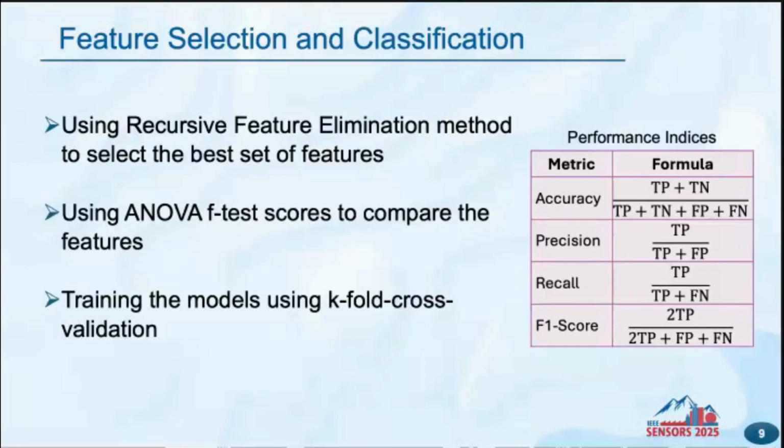We also used k-fold cross-validation because we had a very small dataset. And as you can see in this table, we used 4 well-known performance indices to compare our results.